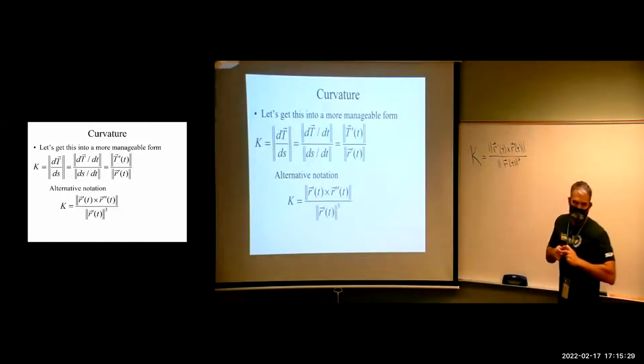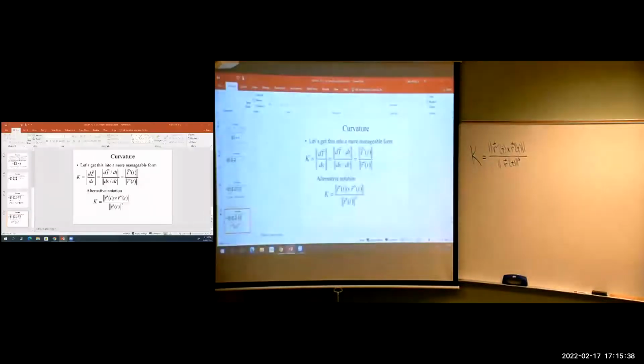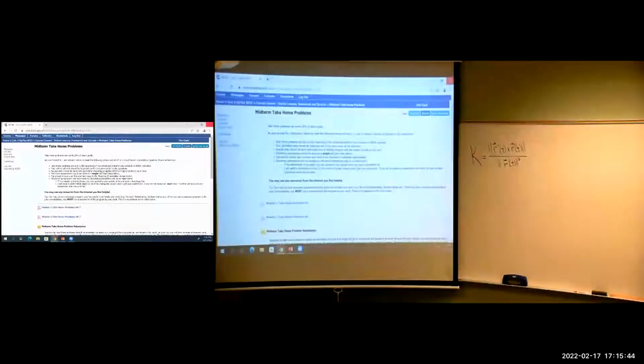I just had to put that up there because we only have one screen today and I want to bring up the problem we're going to do so everybody can see it. The problem we're going to do is from the worksheet. Let's do that.